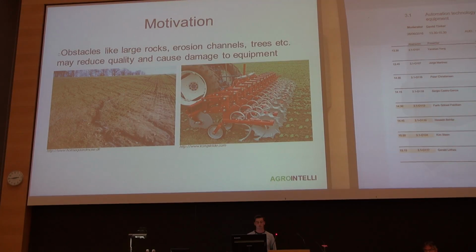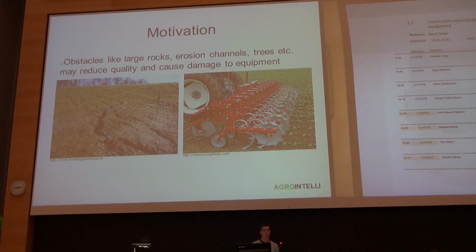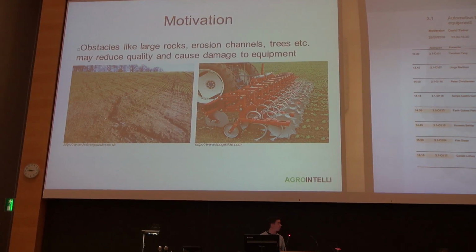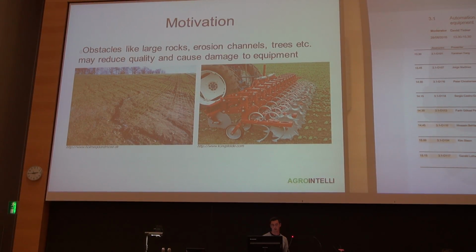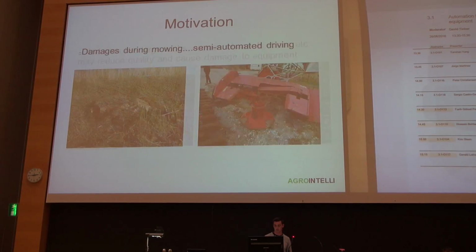Examples of obstacles in the row crop could be large rocks, erosion channels, trees, or other things. They can reduce the quality of the work, but also cause damage to the equipment, or if it was a person, you could injure or kill that person in front of you.